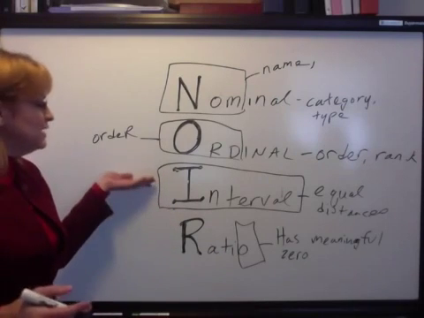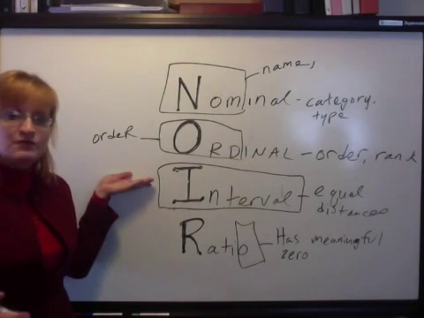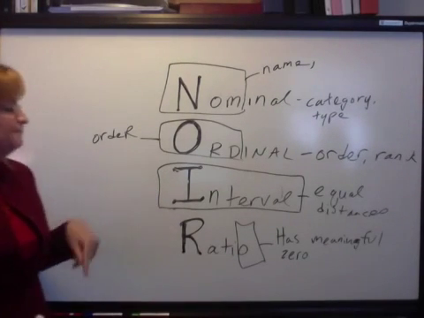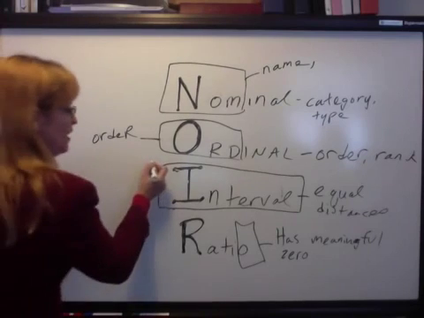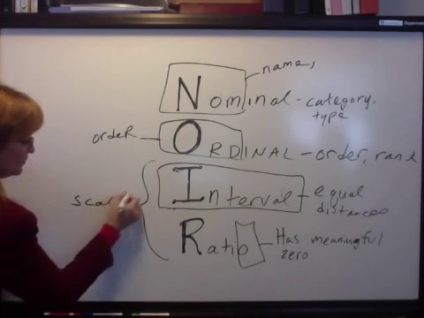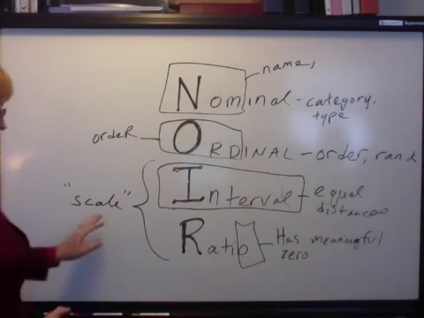An example of an interval scale would be temperature. There's no meaningful zero. Numbers can go negative. Okay. The other thing you need to know is scale variables are the interval and ratio. Those are scale variables.